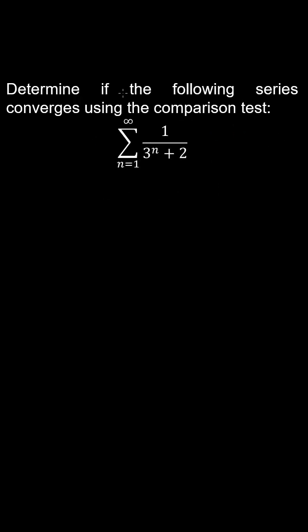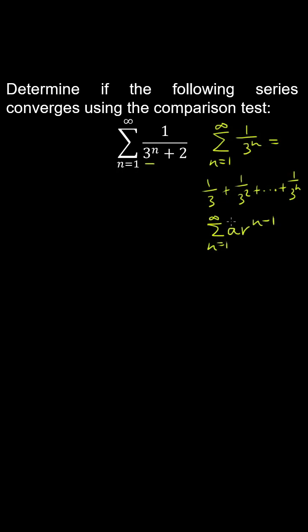Let's determine if the following series converges using the comparison test. So for a large n, this term dominates, and we may write the following series to compare against. And you may recognize this as the geometric series if we expand a few terms. So the general form of the geometric series is as follows, where a is equal to 1/3 and the ratio r is also equal to 1/3.